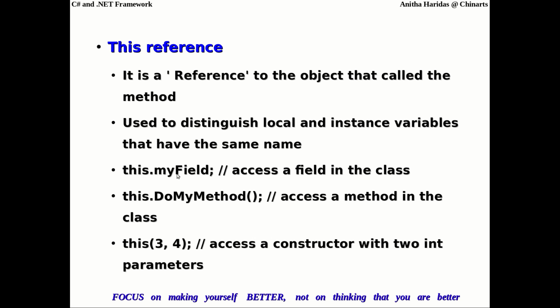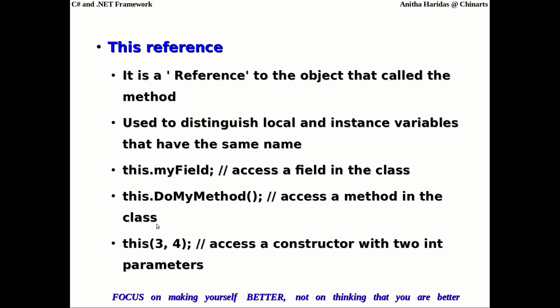You can access the data member and the method member using the this reference, and also you can access the constructor using the this reference just by saying this and the parameters, provided you have declared a parameterized constructor with two parameters. So your this reference can be used to access a field in the class, a method in the class, or the constructor of that particular class.